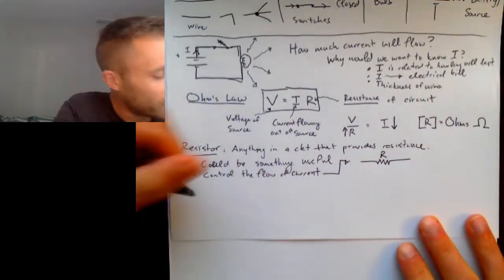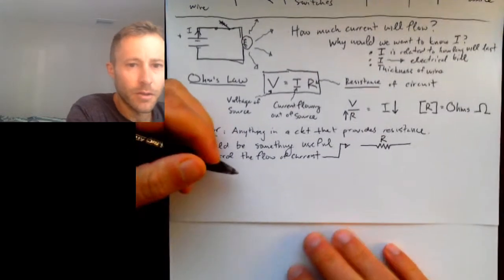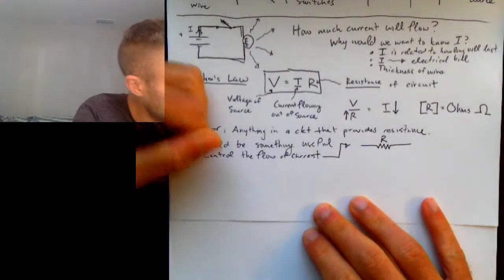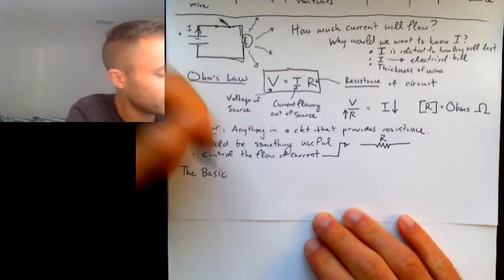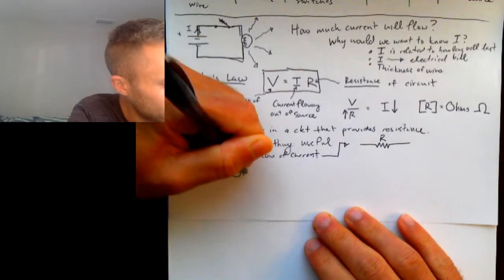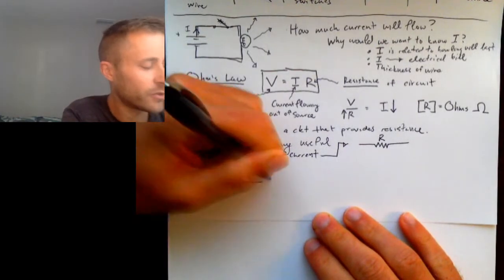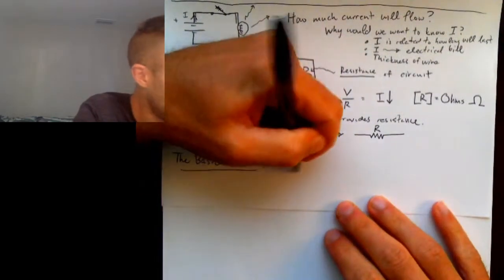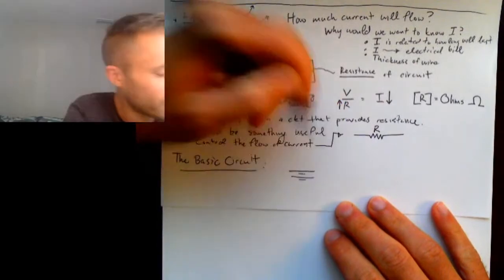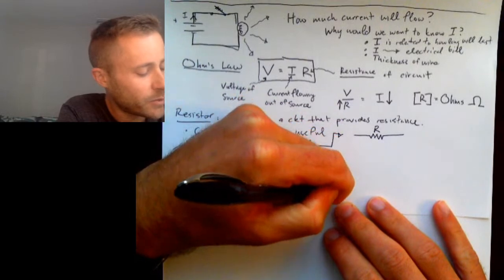So that leads us to the idea of the basic circuit. The basic circuit would be one where it just has a source of voltage and then a resistor.